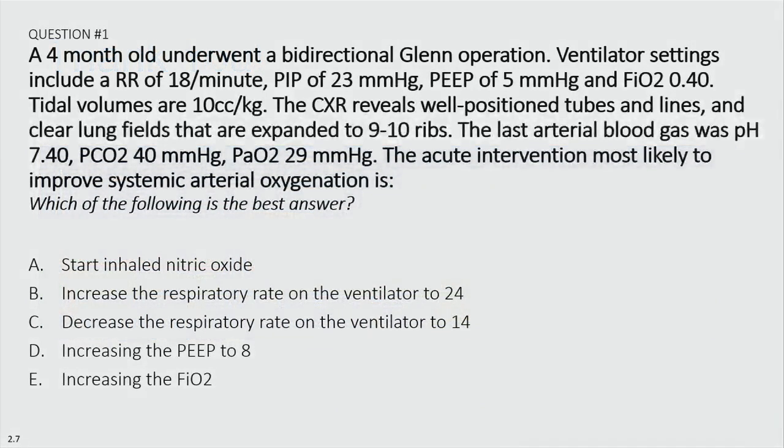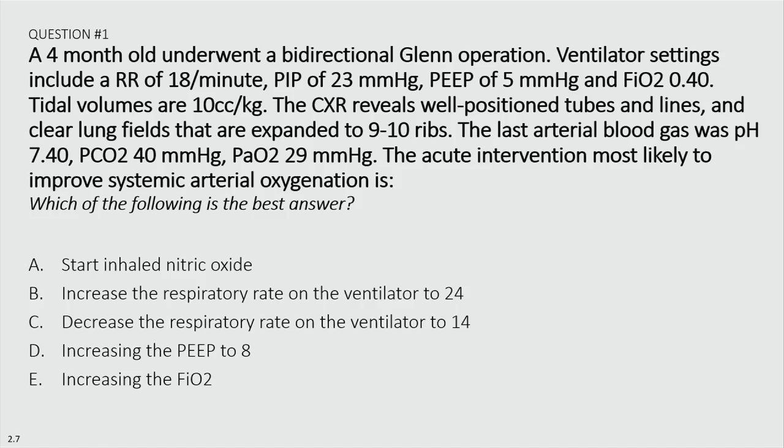So the first question: a 4-month-old underwent a bidirectional Glenn operation. Your ventilator settings include a respiratory rate of 18, a PIP of 23, PEEP of 5, and FiO2 of 40%. Your tidal volumes are 10 per kilo. Chest x-ray reveals well-positioned tubes and lines and clear lung fields that are expanded to 9 to 10 ribs. Your last arterial blood gas was a pH of 7.4, PCO2 of 40, and a PO2 of 29, so this Glenn is blue.